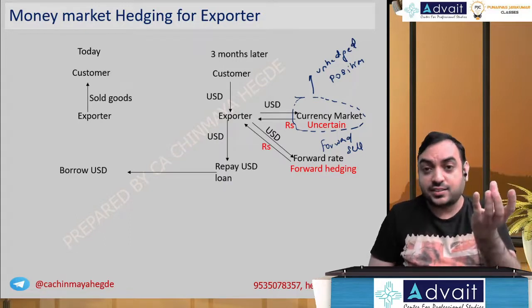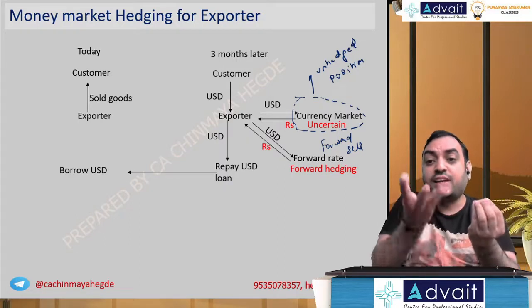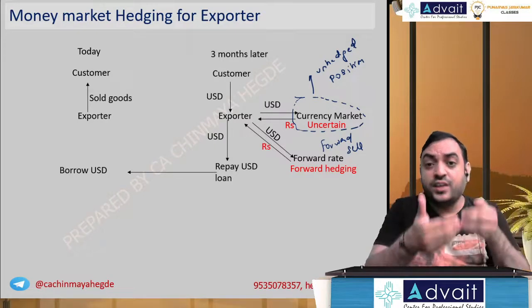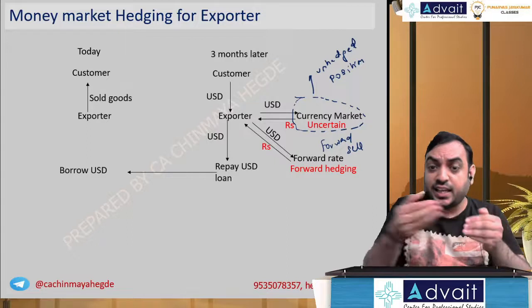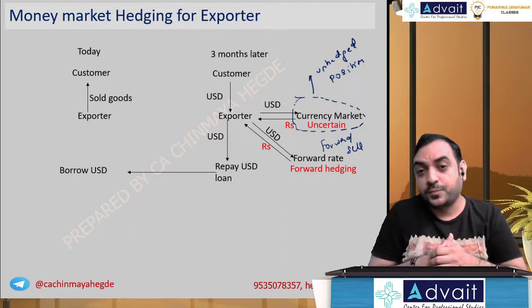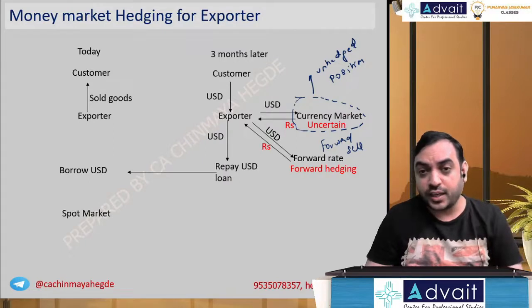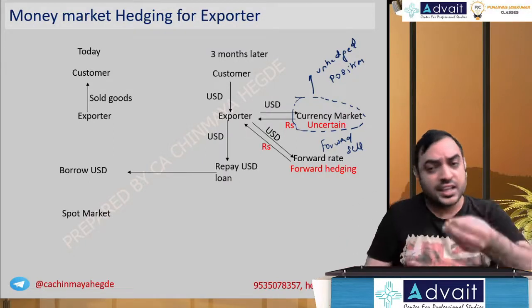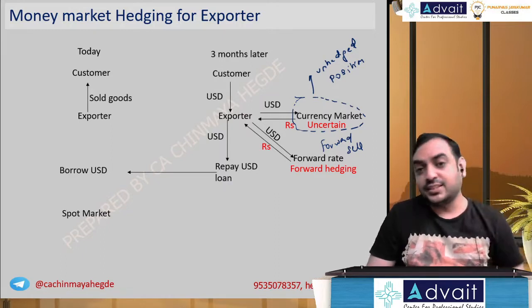You have an asset. For that asset, you create a liability. You have a receivable in USD, a dollar asset is there, you create a dollar liability, you take a dollar loan. So you borrow USD today, you don't deposit USD. Borrowing and deposit cannot happen in the same currency.